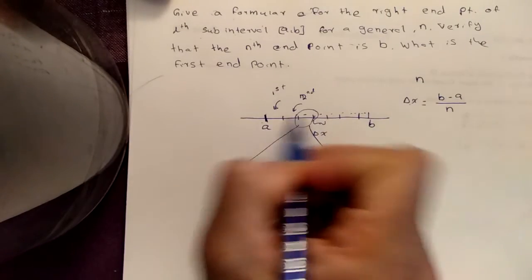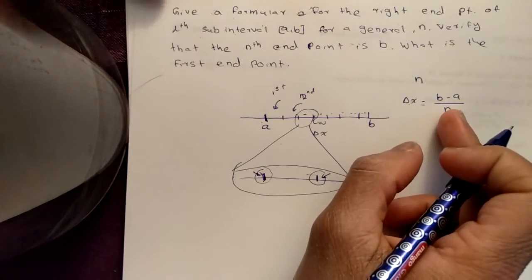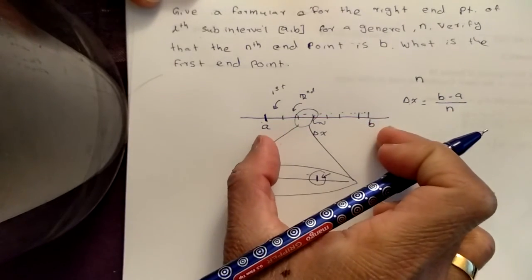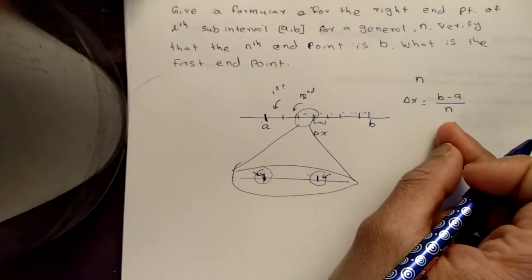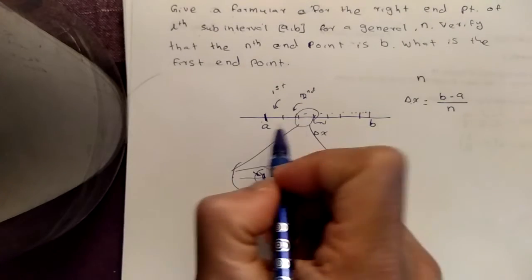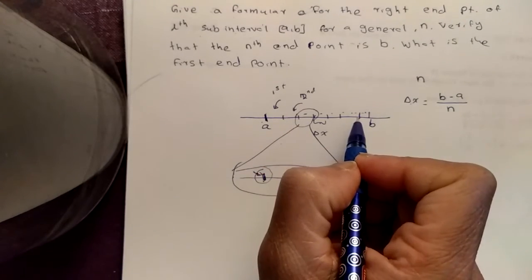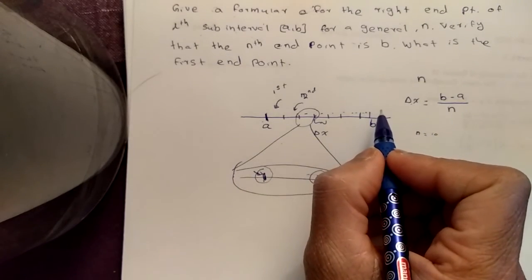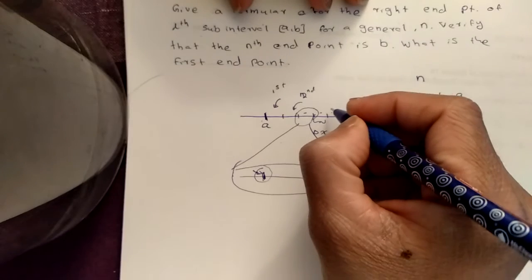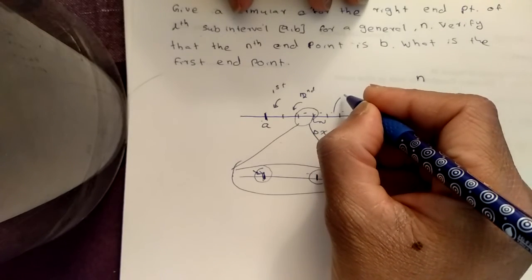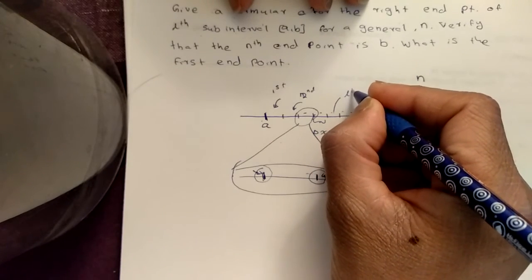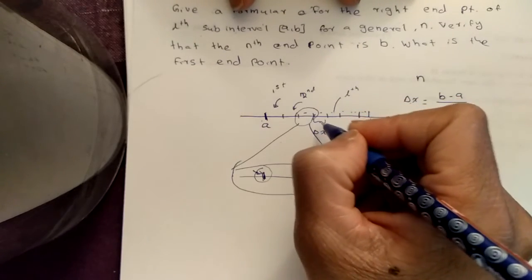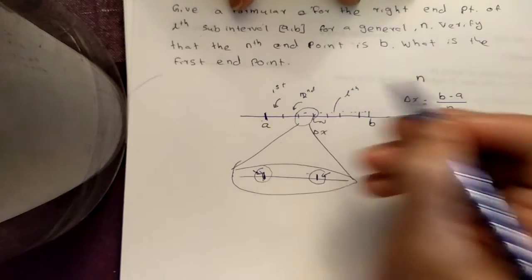As we divided this whole length into n equal parts, there will be n subintervals. For example, if n is equal to 10, we will have 10 subintervals. And then if I choose an arbitrary number I, or in other words, if this is the ith subinterval, I is just a number.